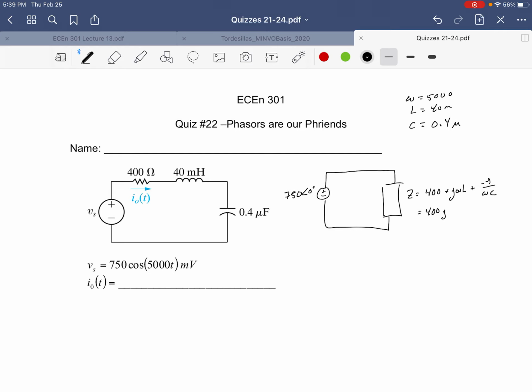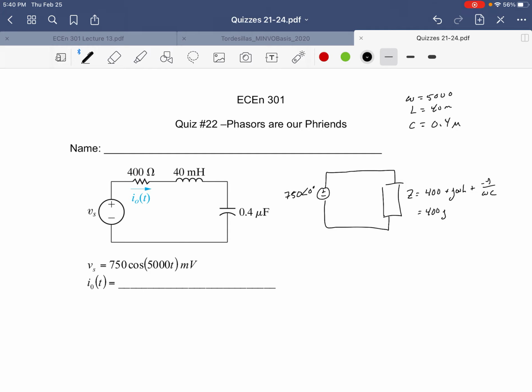Sorry, I'm going to open up Python 3, and I'm going to type W equals 5,000, L equals 40 e to the minus 3, C equals 0.4 e to the minus 6, and then I'm going to do omega times L is 200.